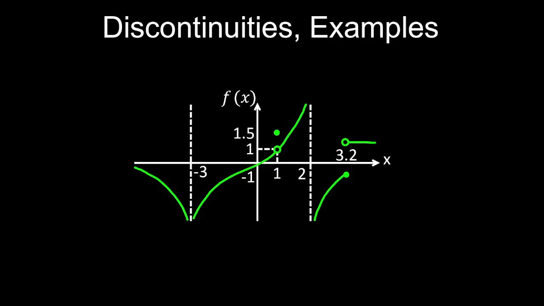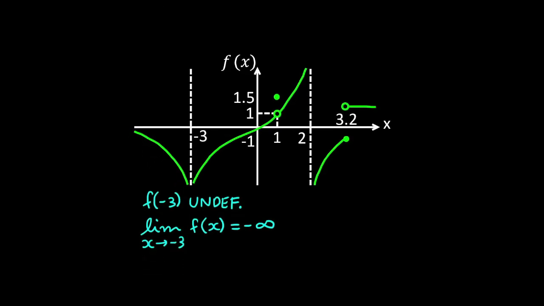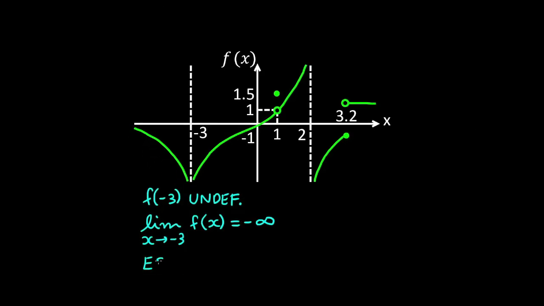Let's identify the types of discontinuities. So at x equals minus 3, the function is not defined. And the function is also unbounded, such that the limit is minus infinity. So therefore we have an essential discontinuity, or an asymptote.